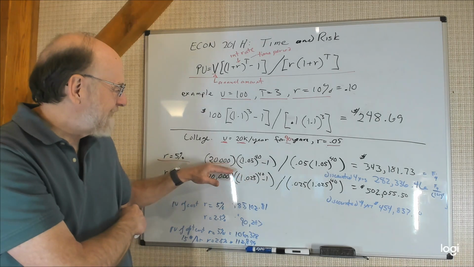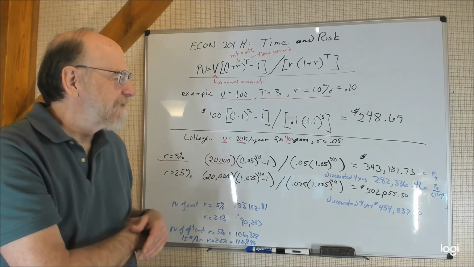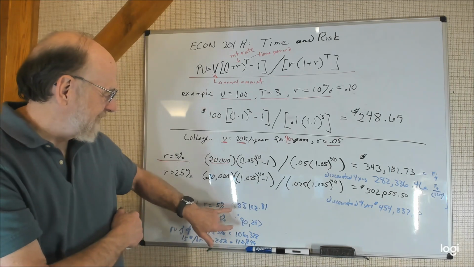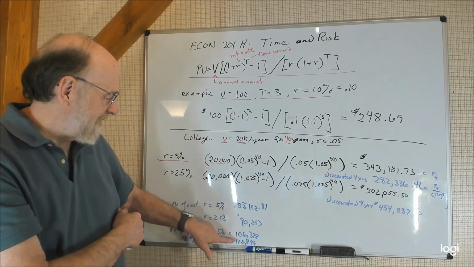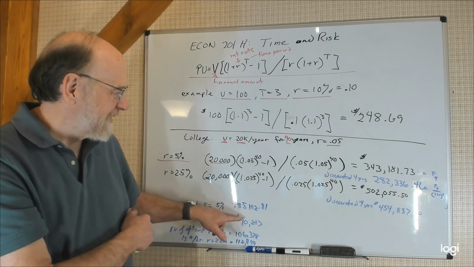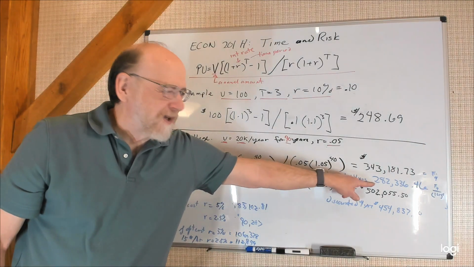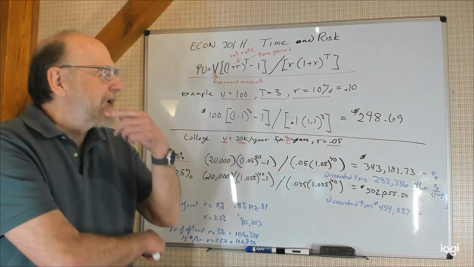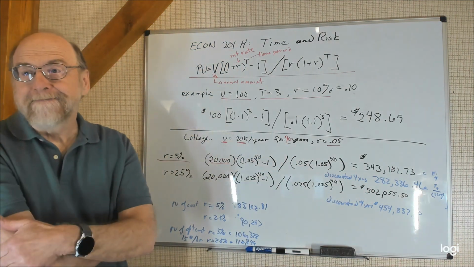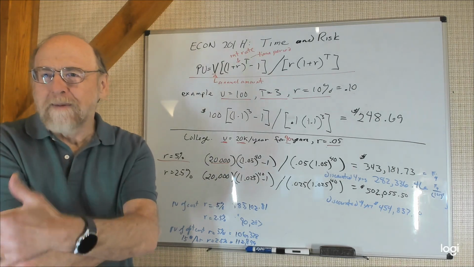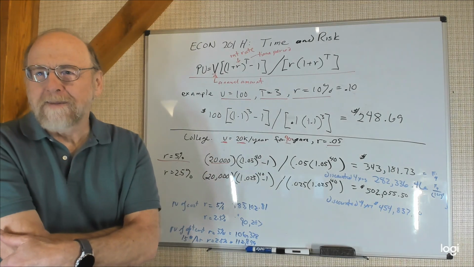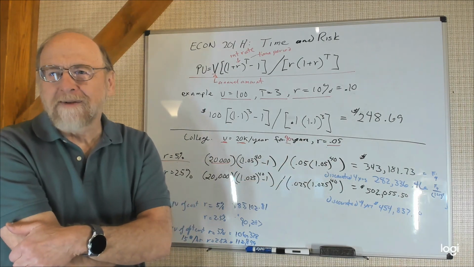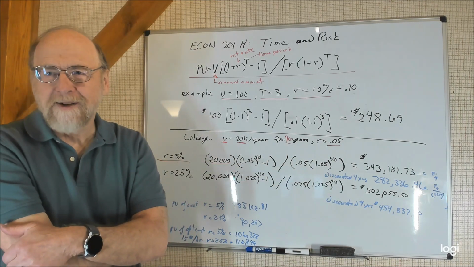If it were only half as big, only $10,000 a year, and you were mainly doing it for the financial return, then looking at the other costs, the $190,000 versus $140,000, that's the number you would get. It would not be a very good return, at least not financially. It would have to be made up for with some subjective benefits, either for the fun of attending college or the more satisfying career afterwards, even if it didn't pay much financially.